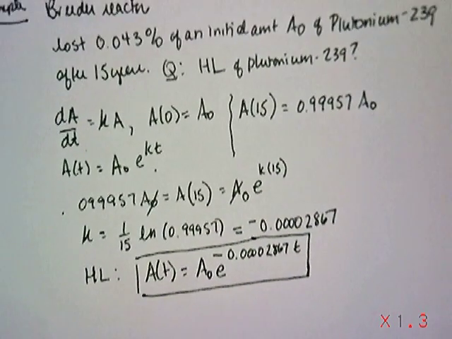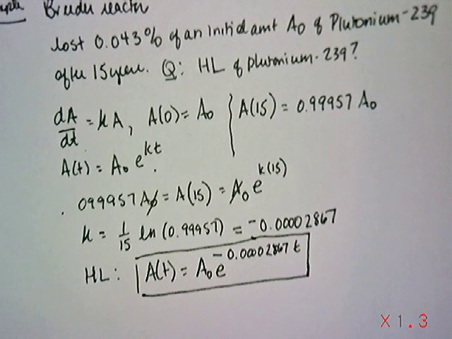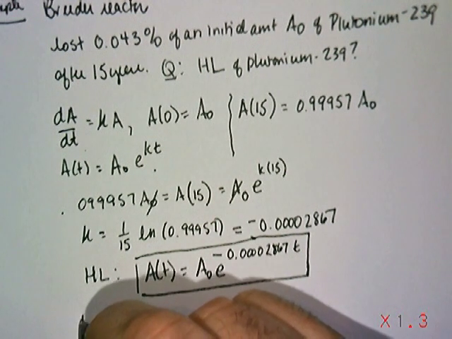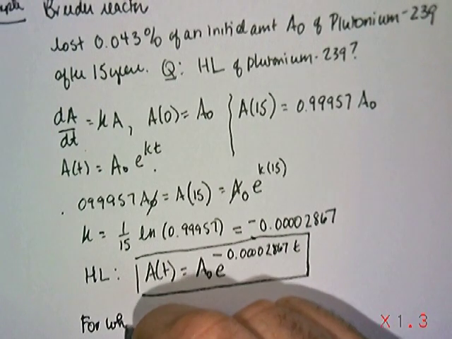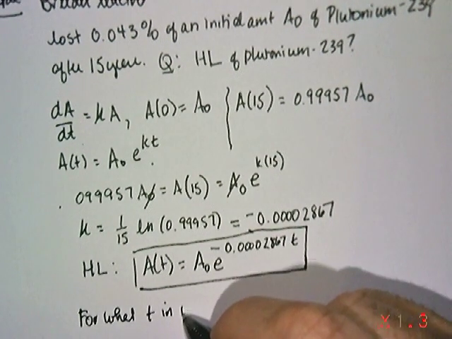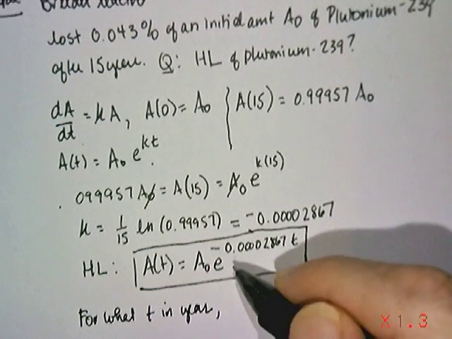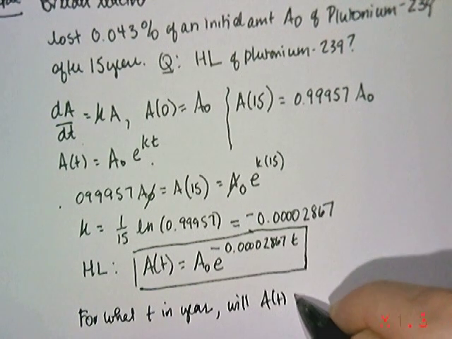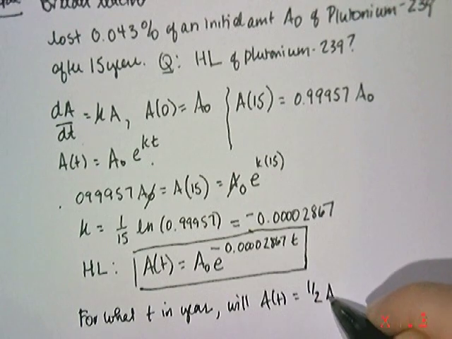So the goal was to figure out exactly how long it takes to get half of the plutonium in the reactor, or for it to disintegrate to half. So what we want to know is for what t, and this will be in years, will A of t be equal to half of what you started with?